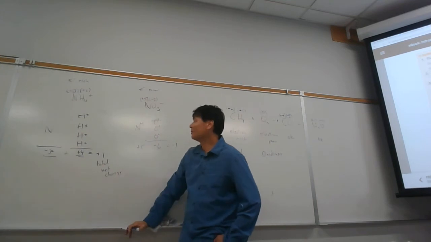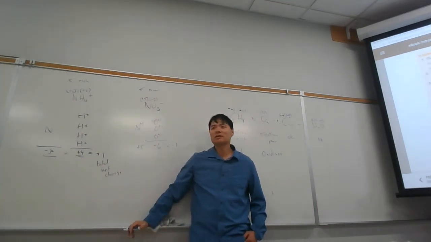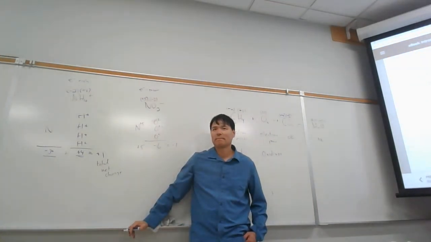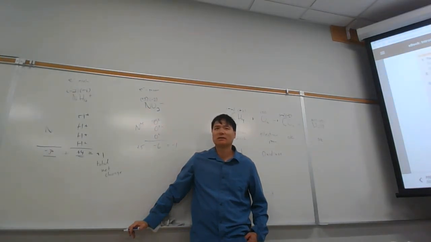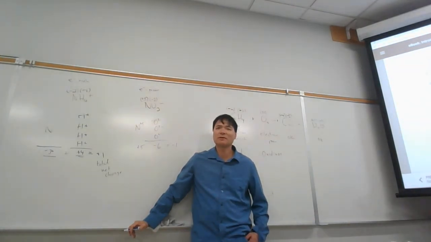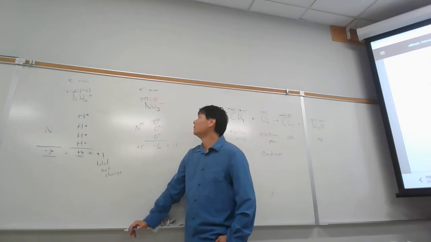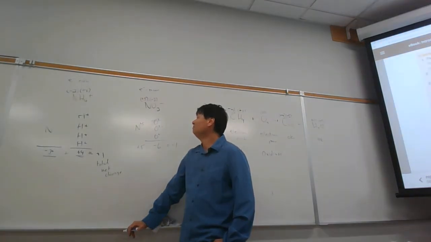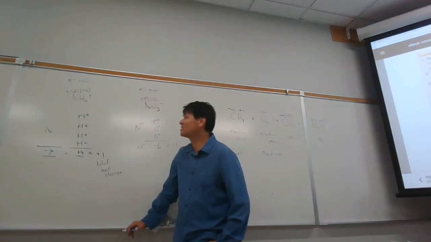Is that an equitable situation? One nitrogen has lots of gold, the other nitrogen has nothing. What do you think is going to happen when you mix these together? Reaction. Yeah, so this is unstable.